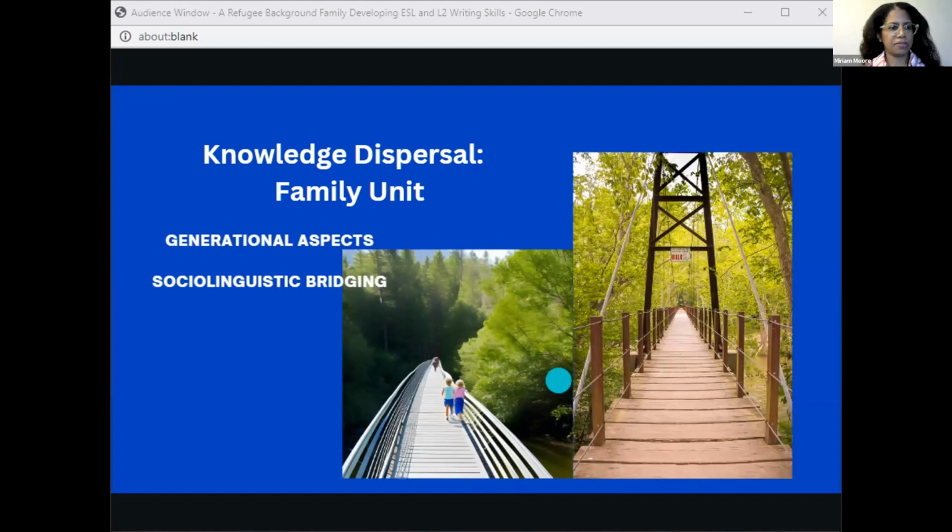But that's enough about my process, and I want to leave a little time for questioning. So, the results. Here I have highlighted key features of their English writing and skills development. Modeling was basically copying, mimicking, redundancy.